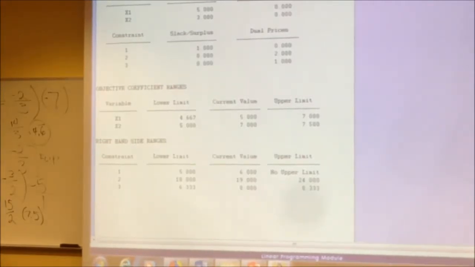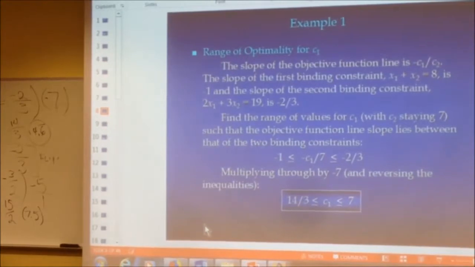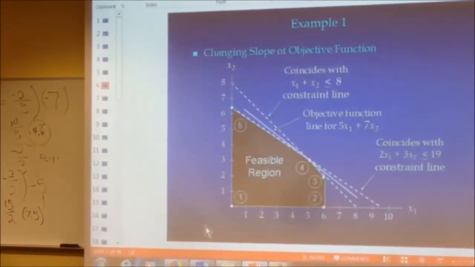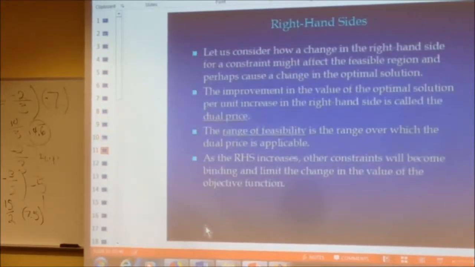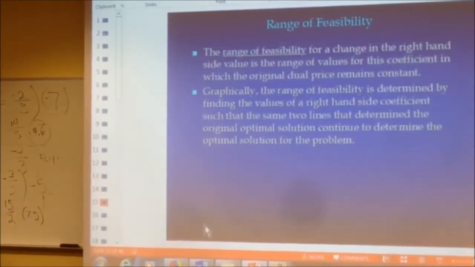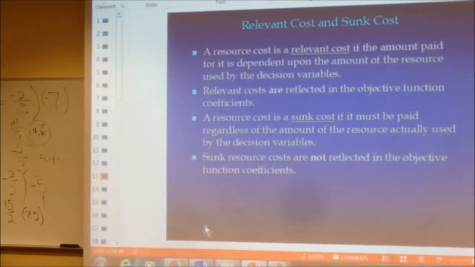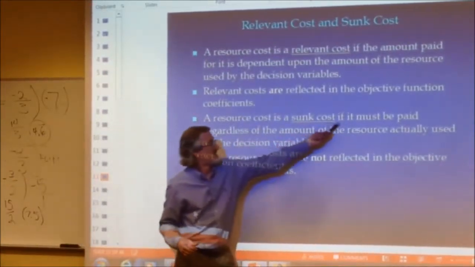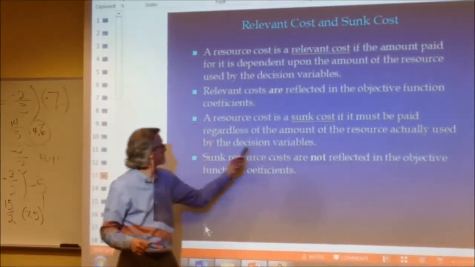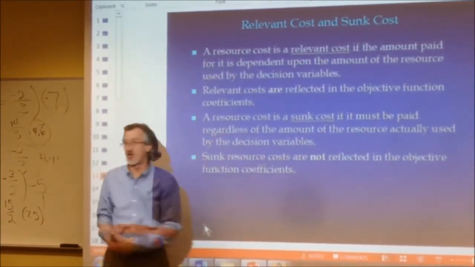In fact, I'm taking these right off your PowerPoint, so I'll take you to it. Slide 13. Is that the only description right there? All right. The sunk cost, if it must be paid regardless of the amount of the resource actually used by the decision variable.